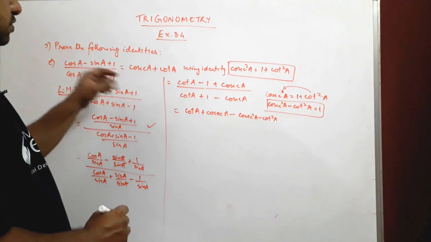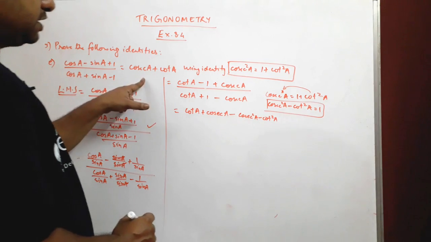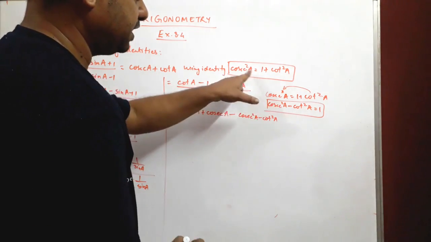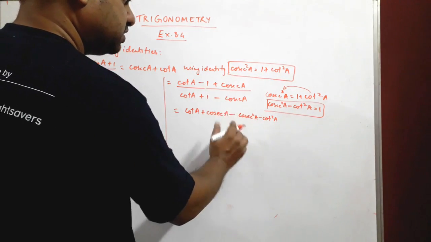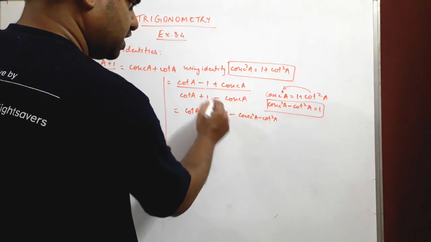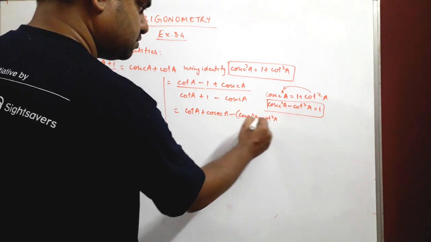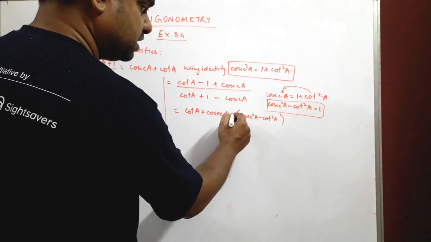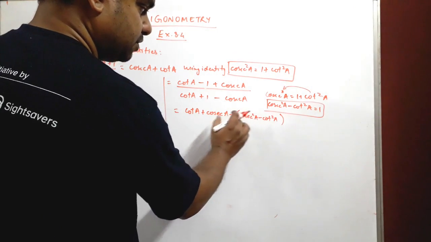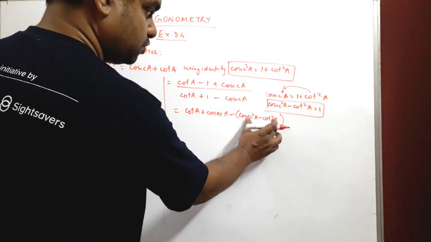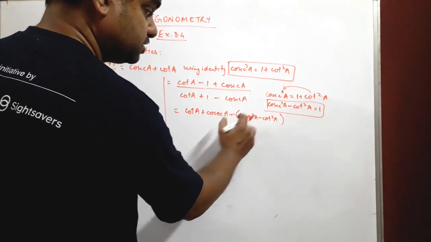We are asked to prove left hand side equal to right hand side using this particular identity, and we are doing just that. So instead of 1 I have replaced it, and the minus sign is outside. I have not applied it to this bracket because this was minus 1, so this is in place of 1. So the minus sign applies to both of them.